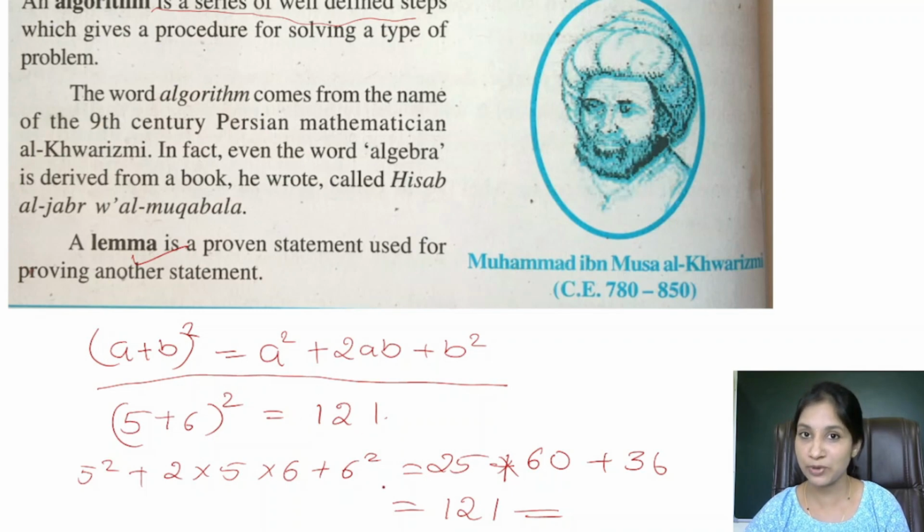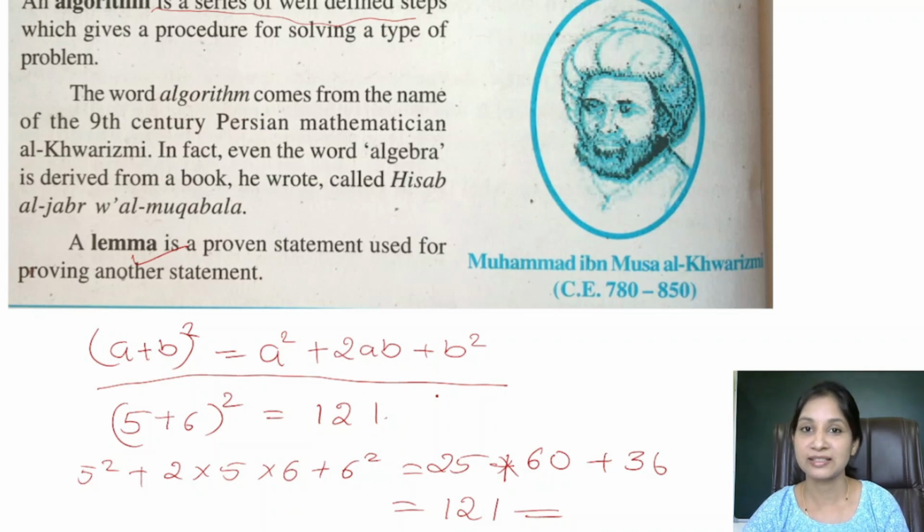Here you solved one problem, you used a lemma, and you followed a series of well-defined steps. In your example, the numbers may change, but you will follow the same steps. You will apply the formula, simplify, and get the answer. So this is nothing but an algorithm. I hope you can now differentiate what is a lemma and what is an algorithm.